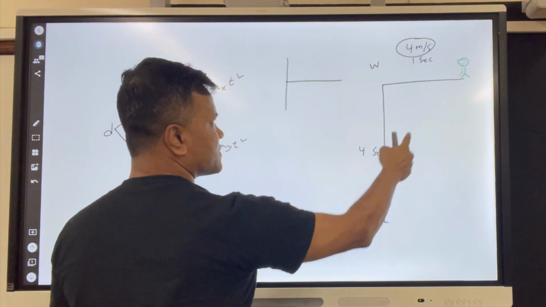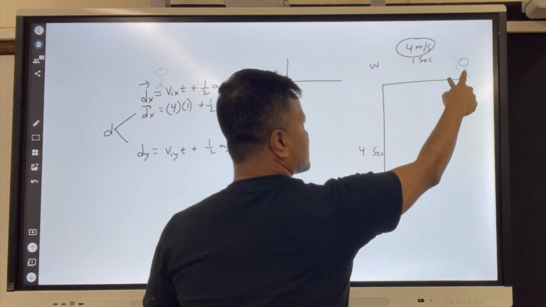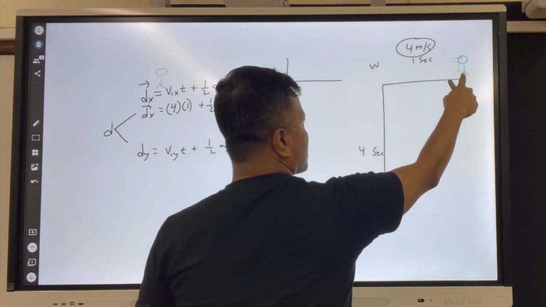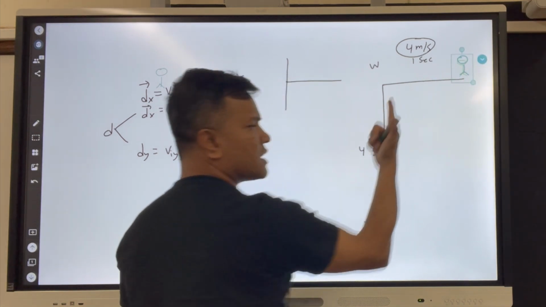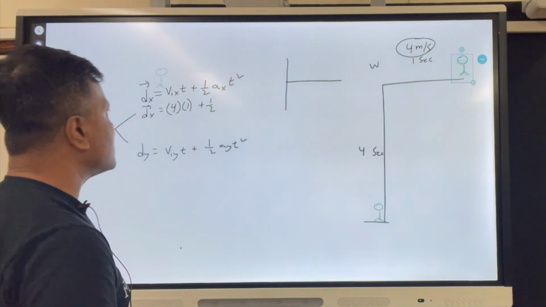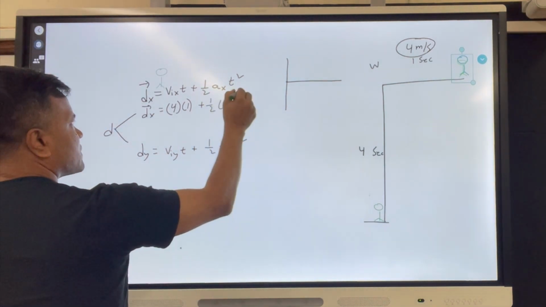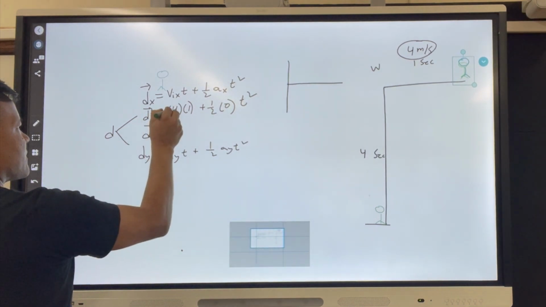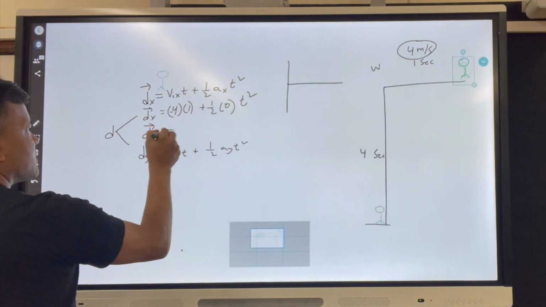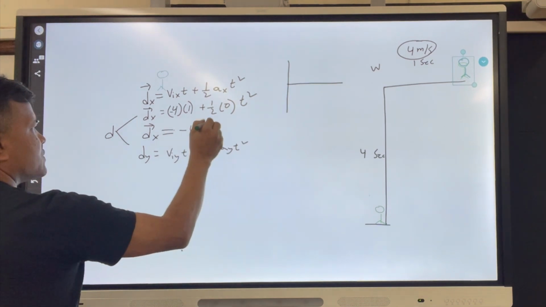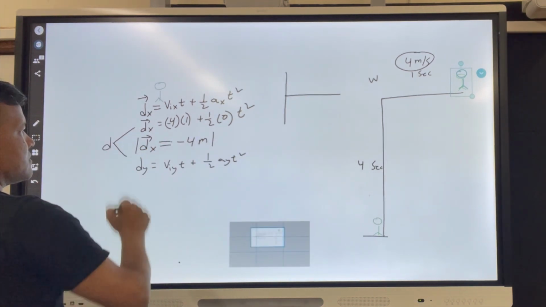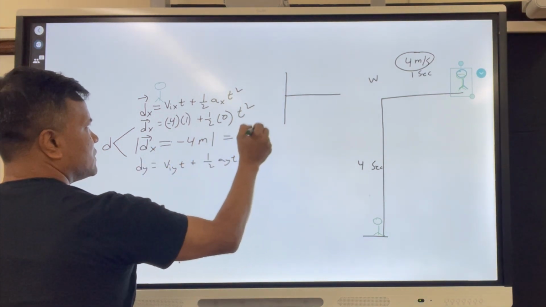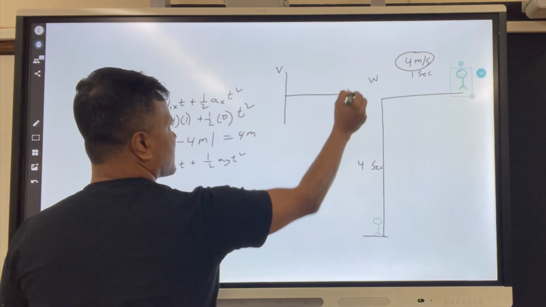The acceleration in the y direction for the blue guy is also 0 because he was not falling. So 0 t square, and dx is equal to -4. Since I asked you to give me the magnitude, the magnitude of -4 is 4 meters.